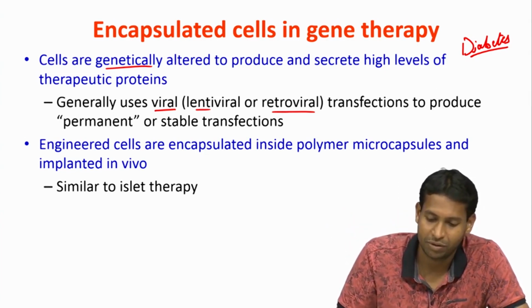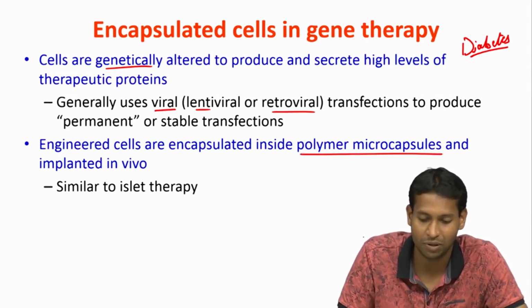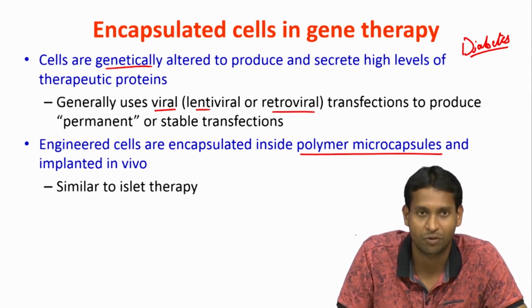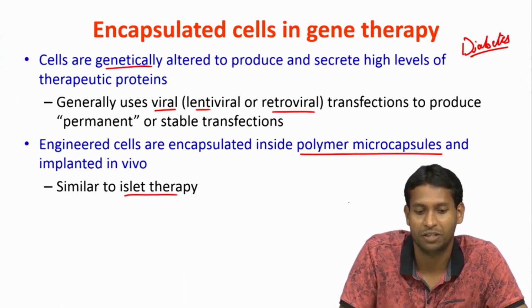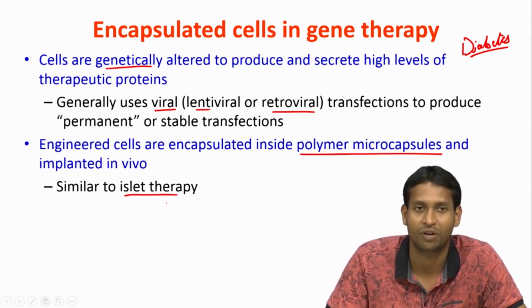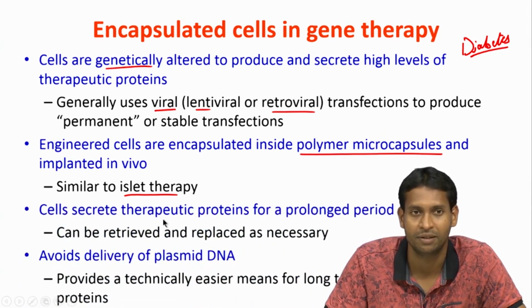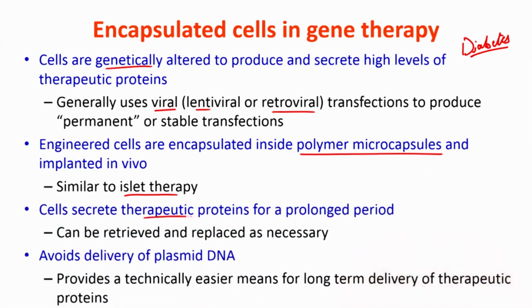The other way is that you engineer these cells, encapsulate them inside a polymer microcapsule, and implant them in vivo, similar to what we discussed previously for islet therapy. Once you have these cells, you can encapsulate them and use them for delivery in our body, and these cells will secrete whatever proteins you want for a prolonged period.